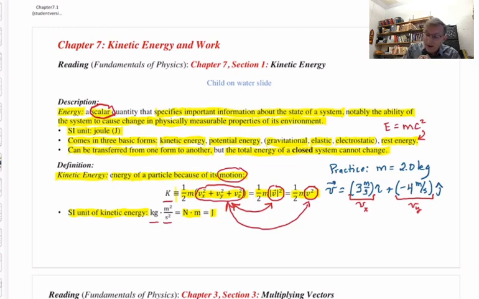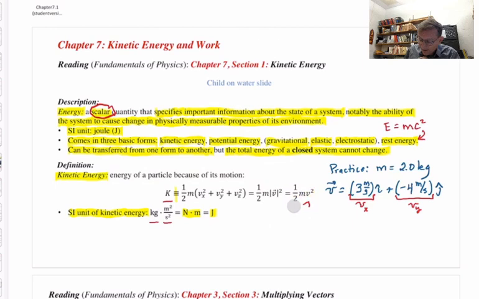All right, with that in mind, let's use the formula for kinetic energy. Let me emphasize that the form I want to use is right here: 1/2 times the mass times the sum of the squares of the velocity components. That's the safest way to do it.